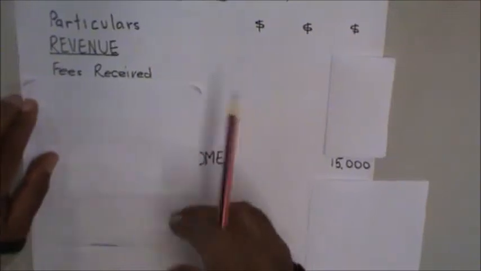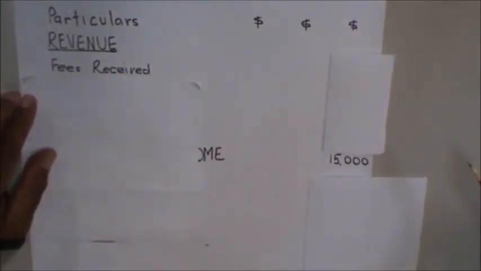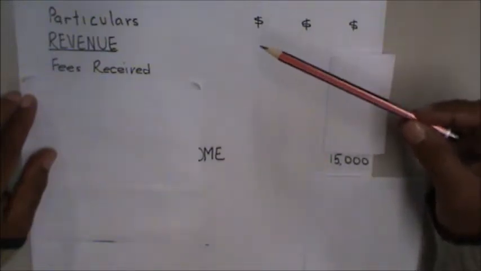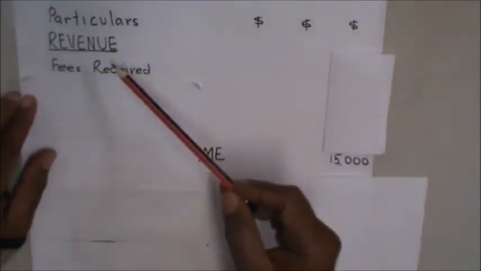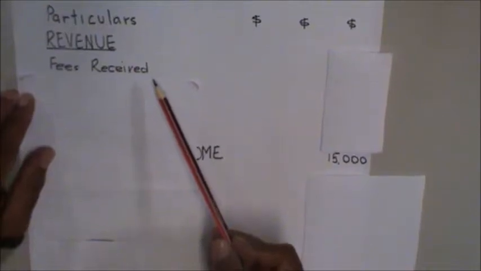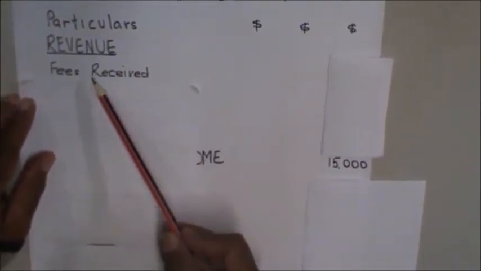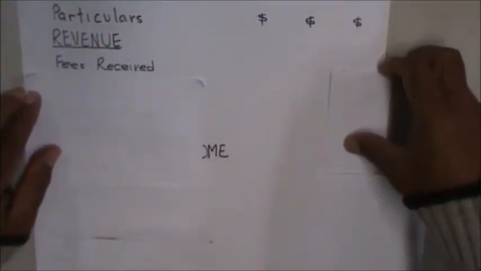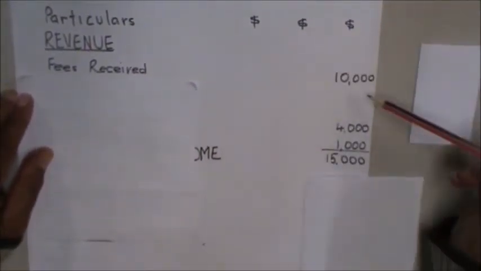That's the main source of income, and we are assuming it to be a courier business. So the courier business receives its income from the fees that it charges its clients. That's fees received, and let's say that was $10,000.